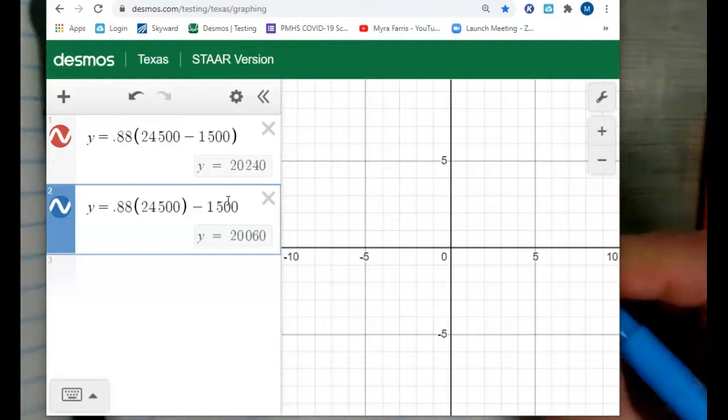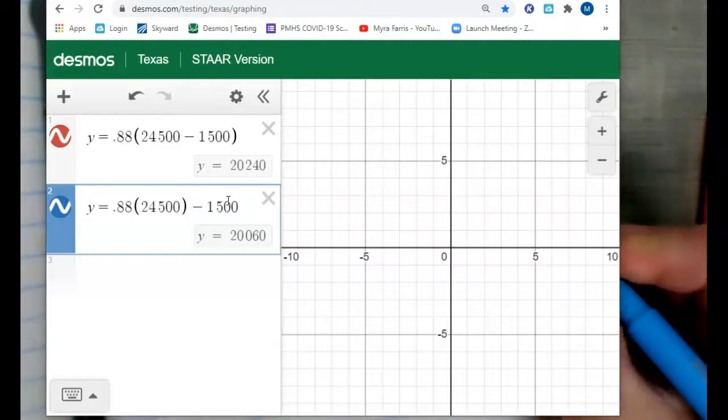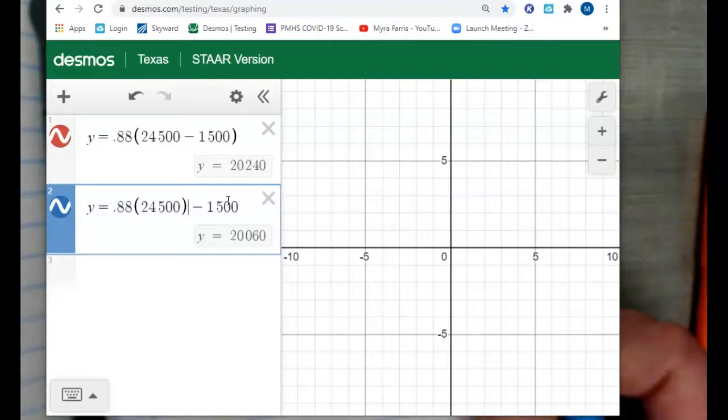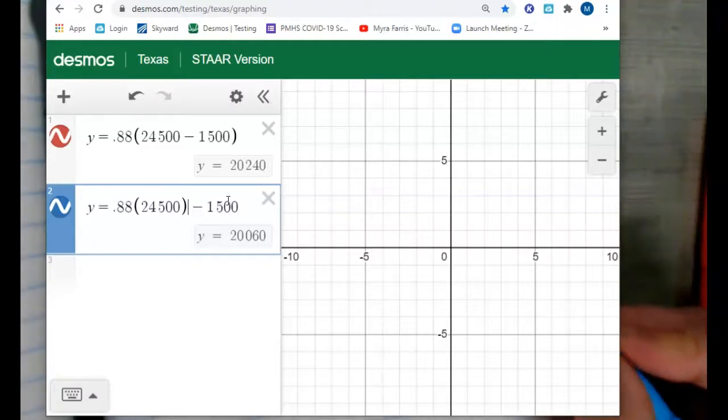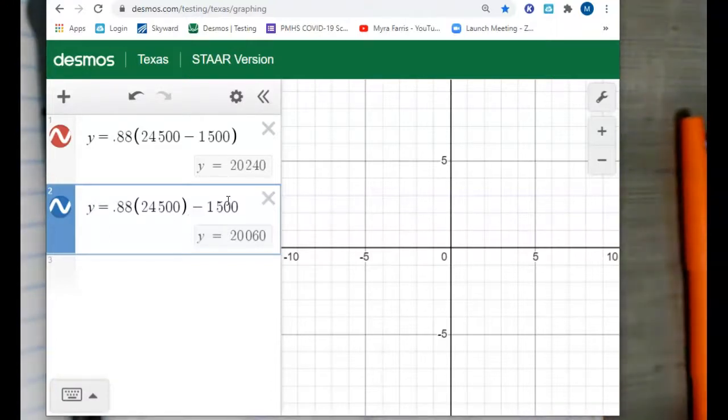So for the first one, I came out with 20,240. For the second one, I came out with 20,060. So it is better to apply the discount first and then the rebate. Do the 0.88, the discount first, and then take off the rebate. And that gave me a little bit cheaper price.